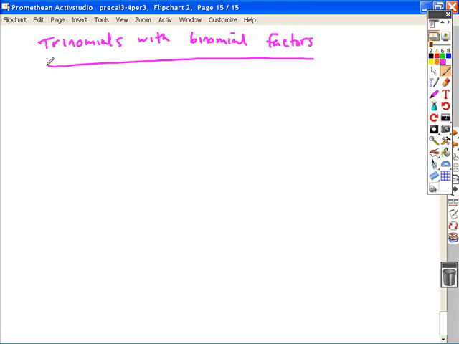And so the way that this fits is we're going to start if our leading coefficient is a 1. And if you have a leading coefficient of 1 and you're looking for the binomial factors that equal a specific trinomial, this is where you just do reverse FOIL and trial and error, right? This is what you guys are familiar with.